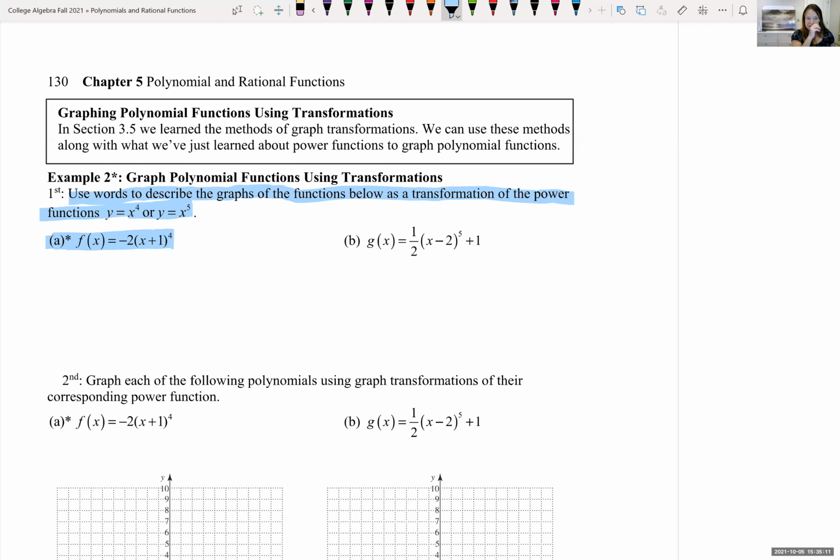Okay, so let's think about it. Let's look inside the parentheses, that x plus 1. That plus 1 is a horizontal shift when it's inside the parentheses like that, and it's the opposite of what we might think it would do. So this one is shifting our function to the left 1 unit.